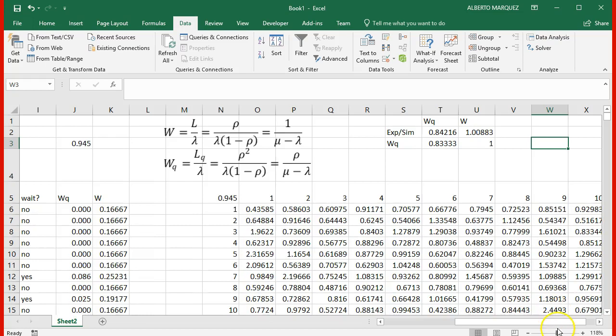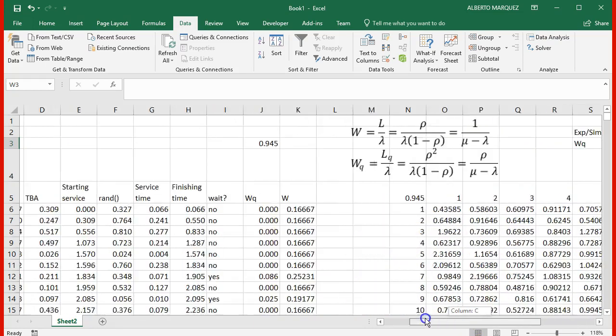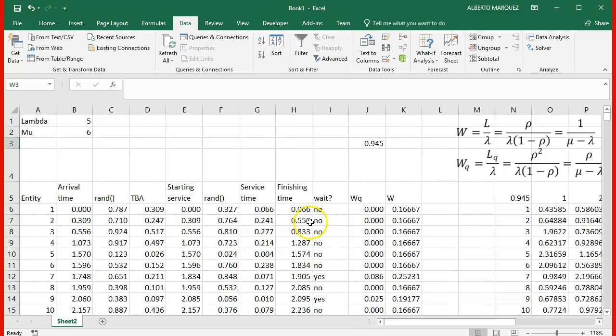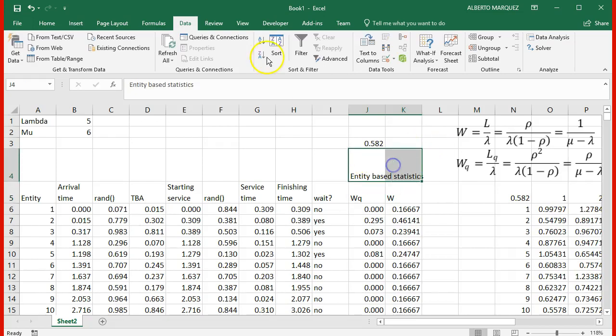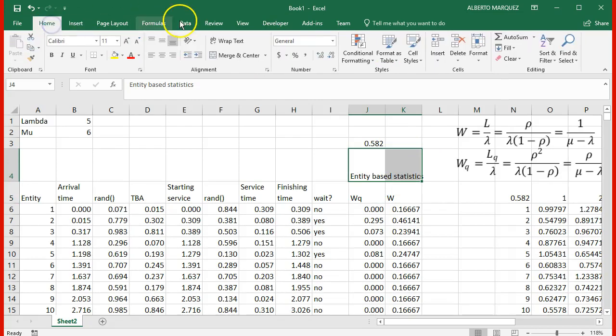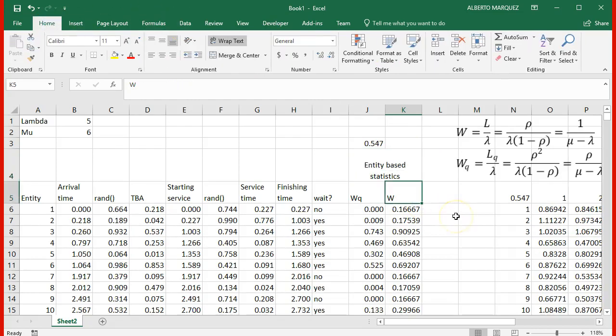If we go back to the original table that we prepared, you will notice that each one of these entities can be computed with their own waiting time in line and the waiting total time, and therefore W and WQ are entity-based statistics, because each entity contributes with its own data to the overall result.